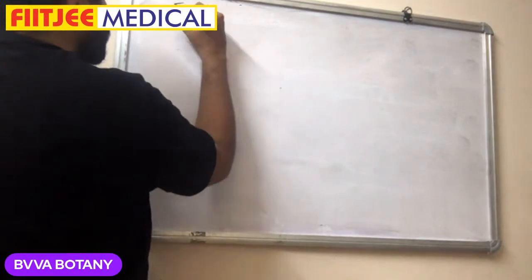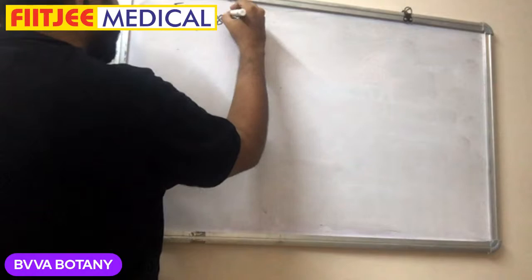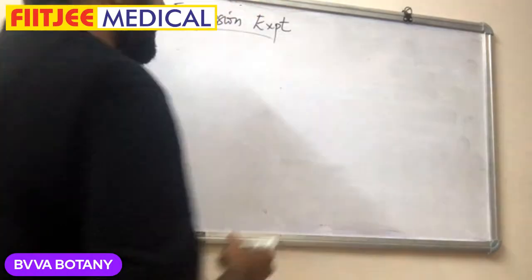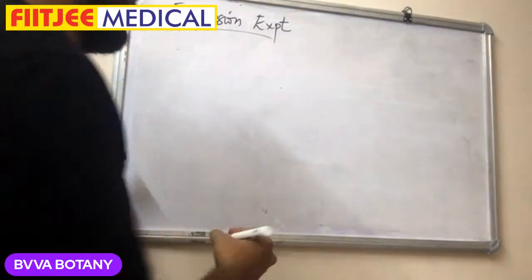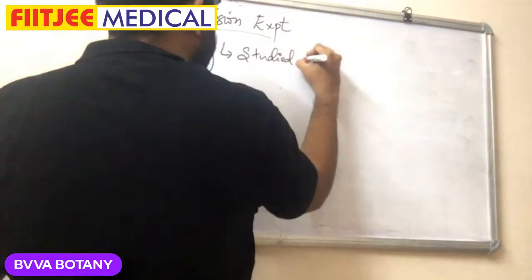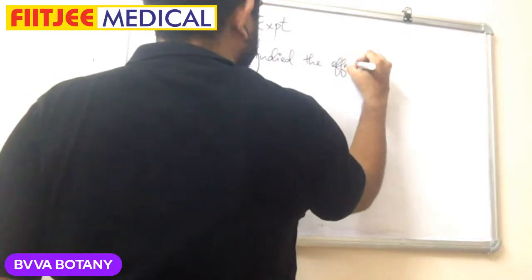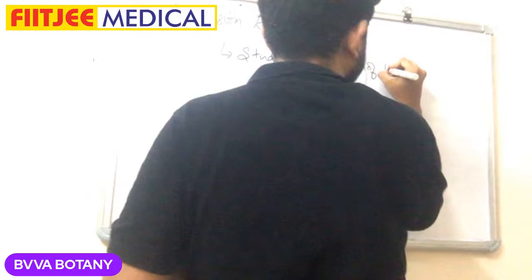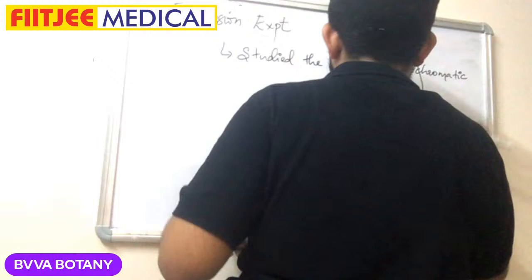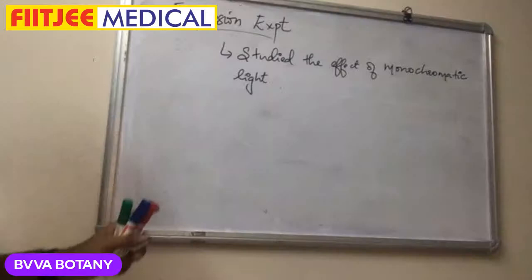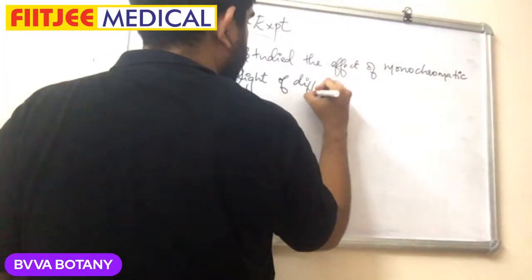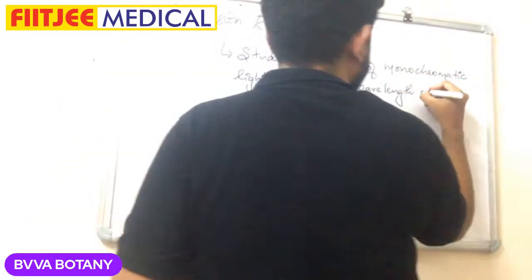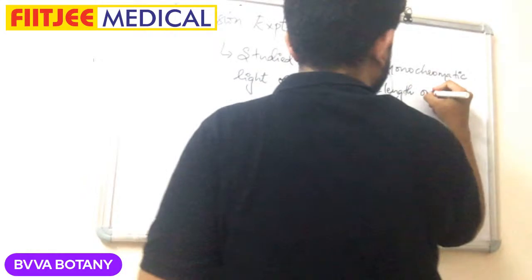Now the next is the Emerson experiment. Here it is the effect of monochromatic light of different wavelengths on Chlorella.